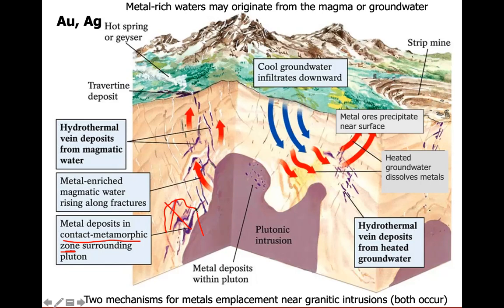That is what we call contact metamorphism, and in that region some deposits can be formed due to these metamorphic reactions. So these are called skarn type of deposits. Skarn, S-K-A-R-N, skarn deposits, right? So that is also one way of forming mineral deposits, but this is not very common.